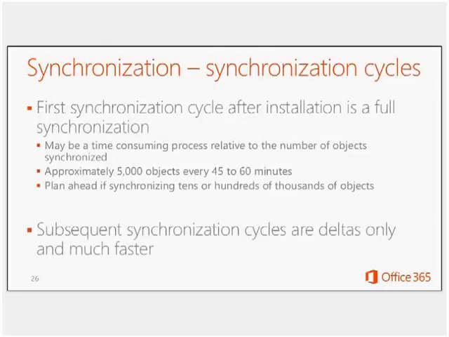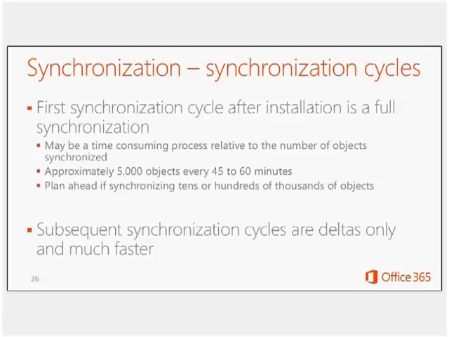From a synchronization cycle perspective, I think Ryan Phillips talks a little bit about the size and objects. But the first synchronization cycle after installation is full. It's a little bit time consuming, approximately 5,000 objects every 45 to 60 minutes. Plan ahead if you're doing tens or hundreds of thousands of objects, as that can take some time.